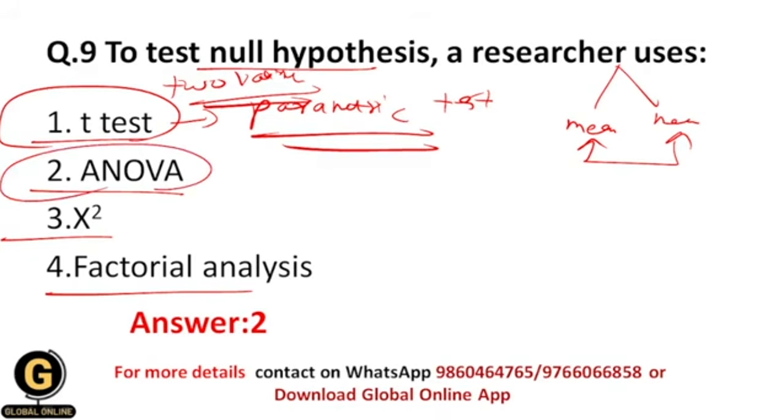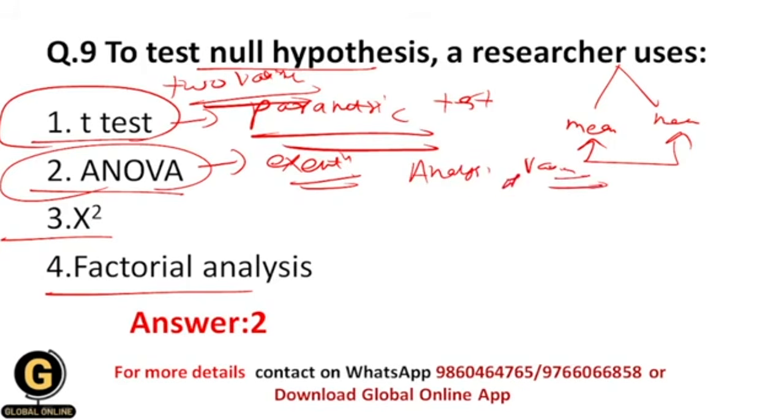ANOVA, what is this? So ANOVA is the extension of t-test. I mean to say, this is the test which is based upon t-test only, but this is the advanced t-test. Okay, and here we are going to analyze the variance basically.